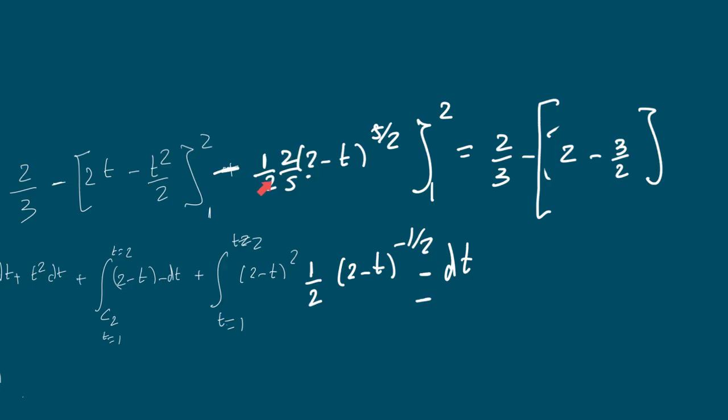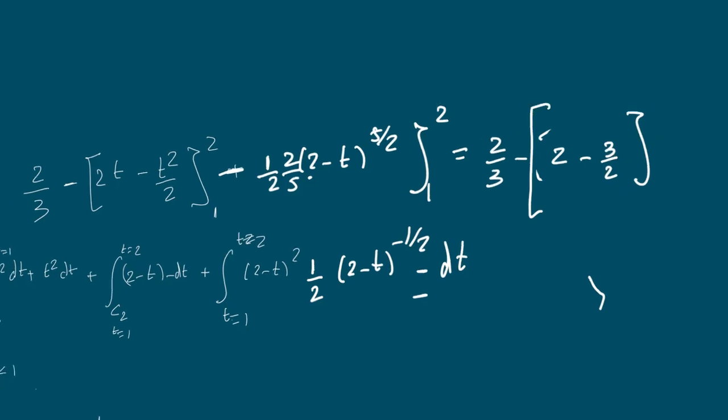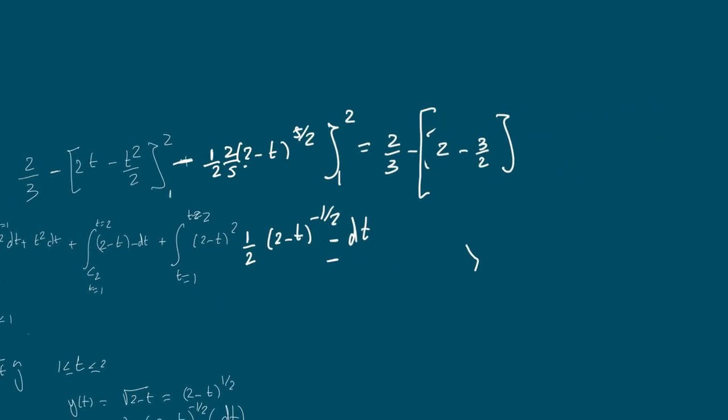Now this 2 will cancel with this 2 and will stay minus 1/5. I'm lucky if I get it. Minus 1/5 of what? The 2 will cancel, okay.